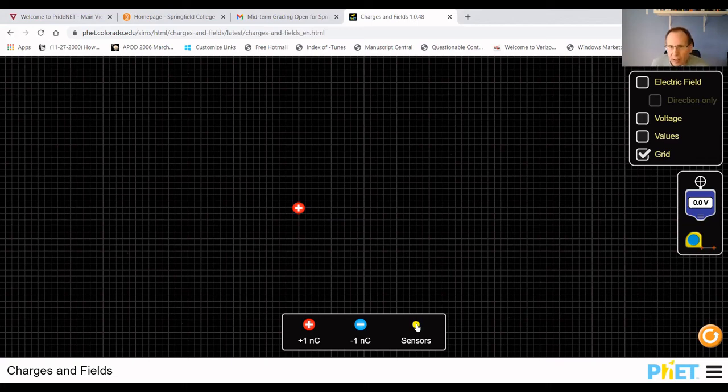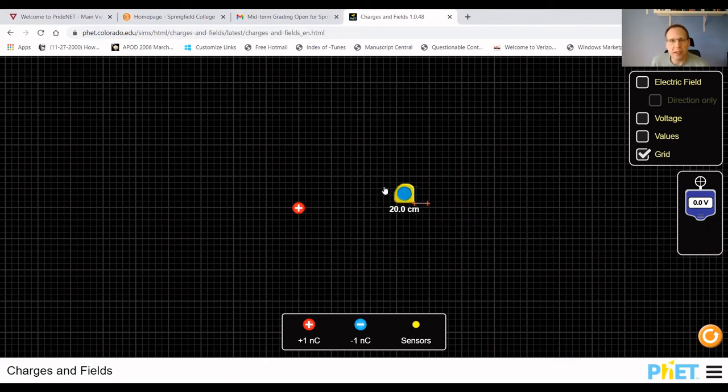So let's say one of the locations was 2, 0, right? This charge is at 0, 0. It turns out, if you look at this grid line here, that if you go 2 of the large intervals, that represents 1 meter. You could also measure it.